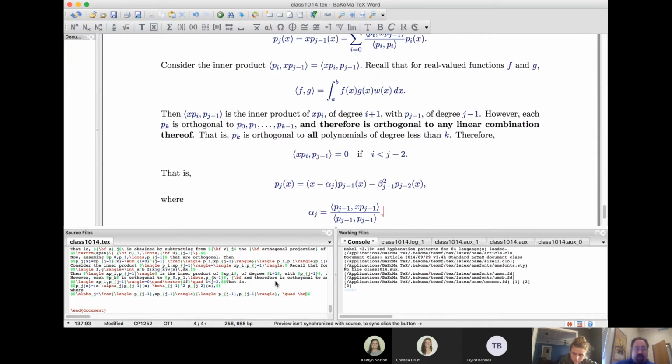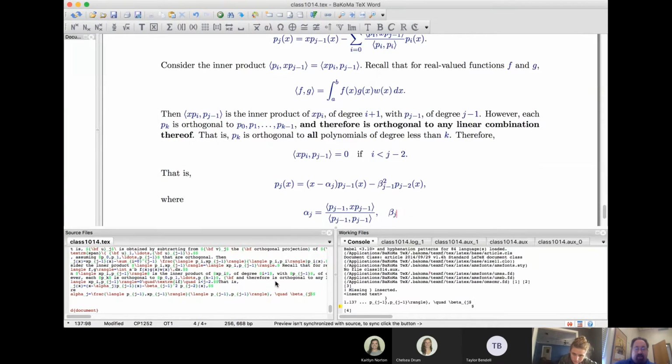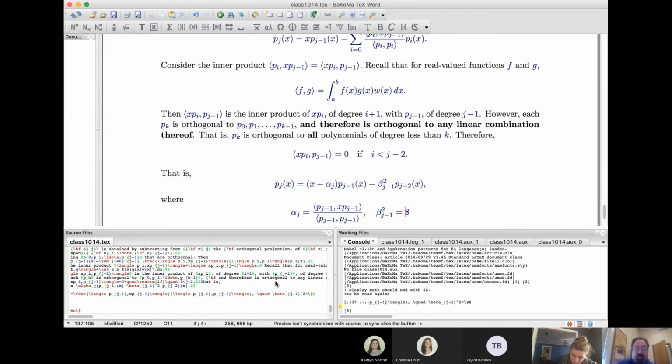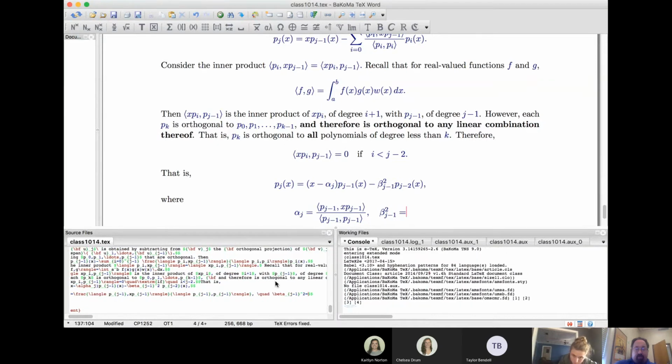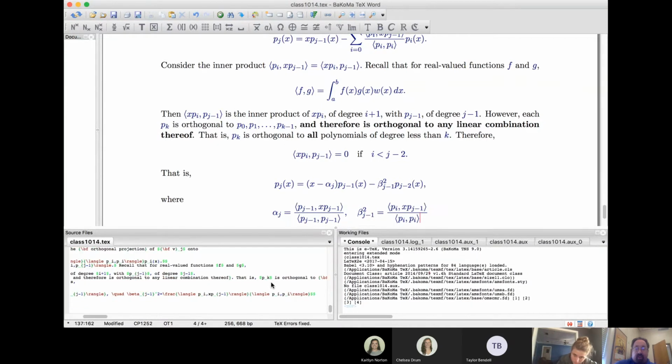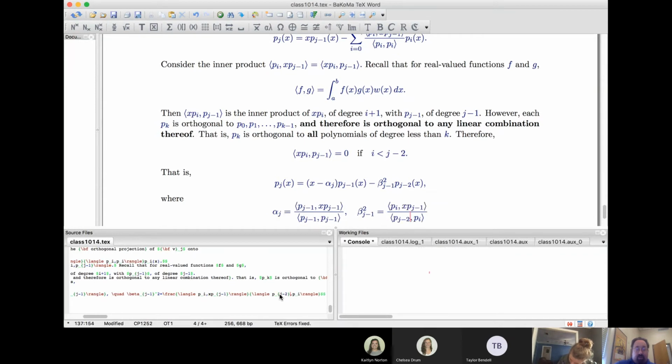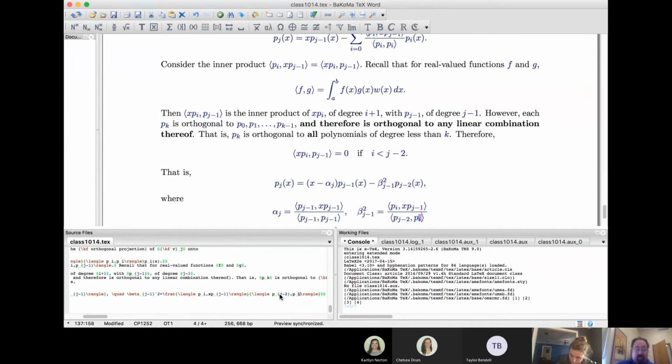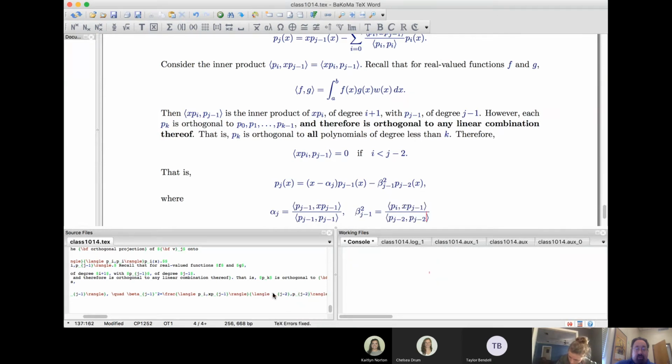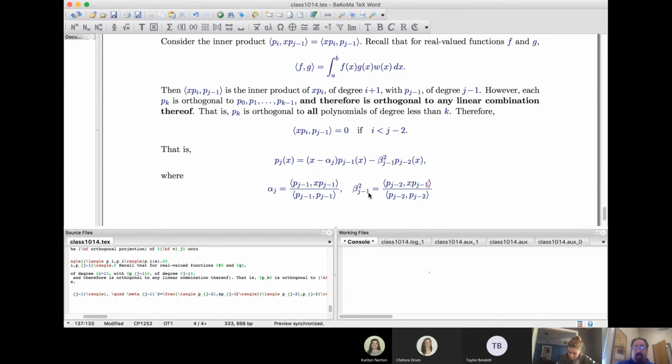So that's beta j minus 1 squared is equal to, all right, the same coefficient when I is equal to j minus 2. Okay. All right.